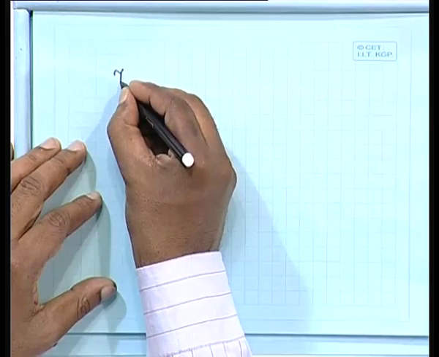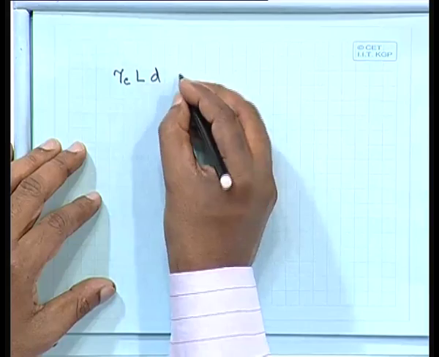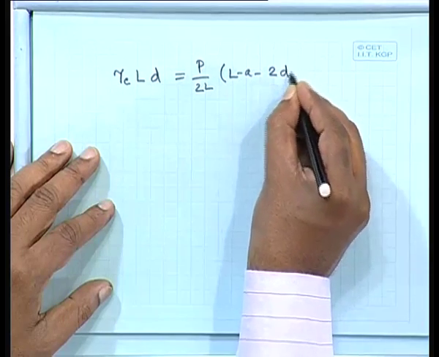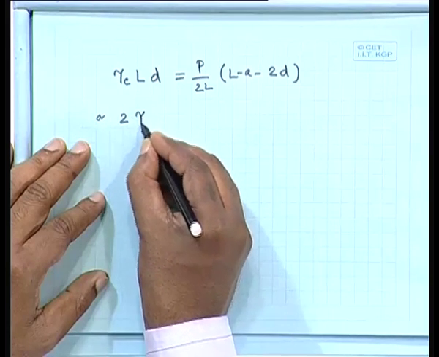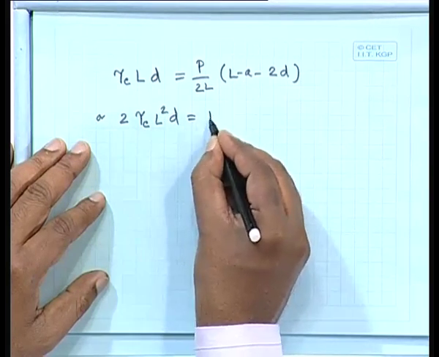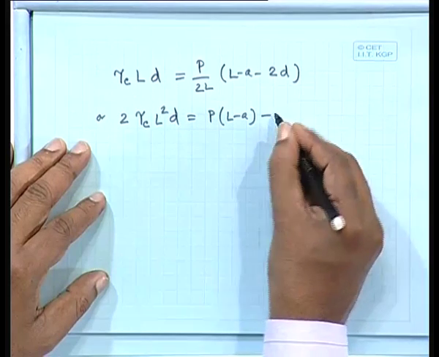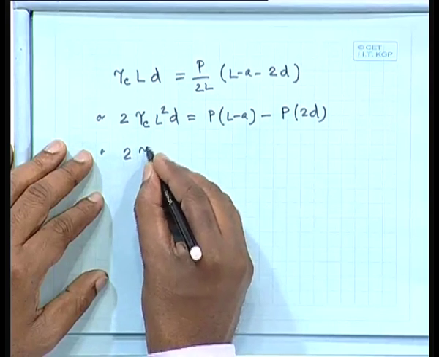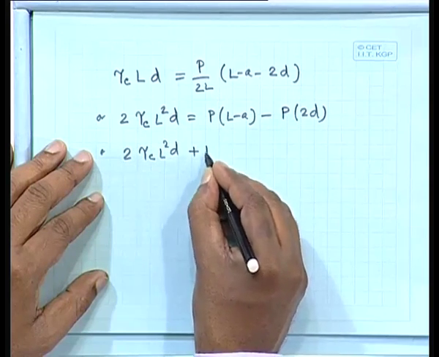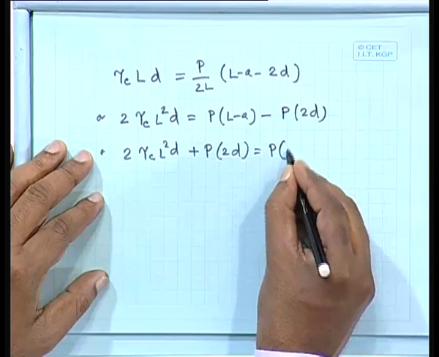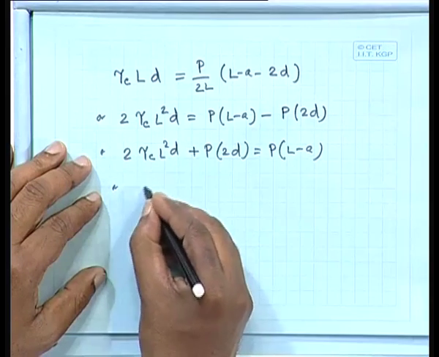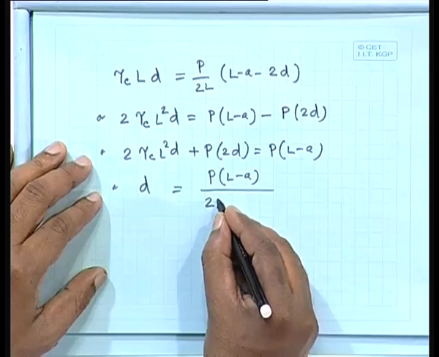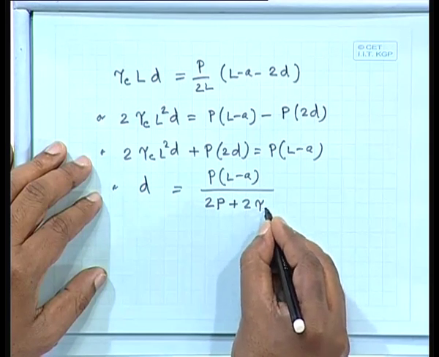So, we can write down tau C times L times D equal to P by 2L, L minus A minus 2D, or twice tau C L square D equal to P times L minus A minus P times 2D, or tau C L square D plus P times 2D will be equal to P times L minus A. So D equals P times L minus A divided by twice P plus twice tau C L square.